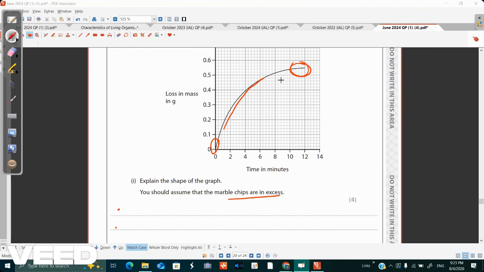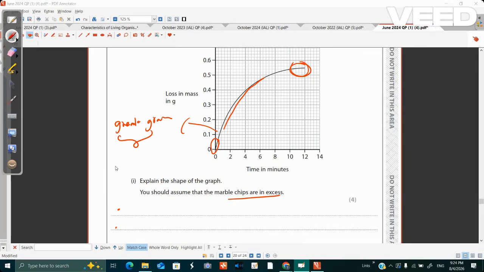At the beginning, the reaction is happening so fast. Can you see the gradient? The slope is equal to the rate of reaction. So here you have a higher gradient, higher slope. Why? Because the reaction is happening faster. That is why you have a greater gradient.